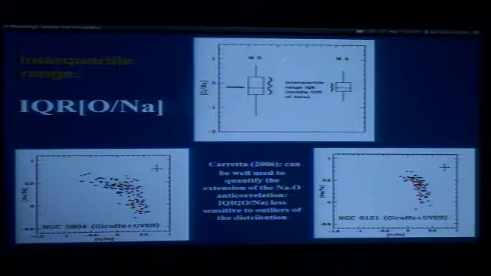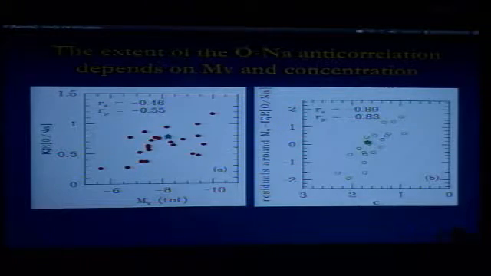But this is a way to define the spread. It is not the only way. You may use other ways if you prefer. And we also use other indicators. However, if we use this indicator and use the interquartile range in the ratio oxygen to sodium, we found that there is a correlation of this quantity with the absolute magnitude of the cluster.